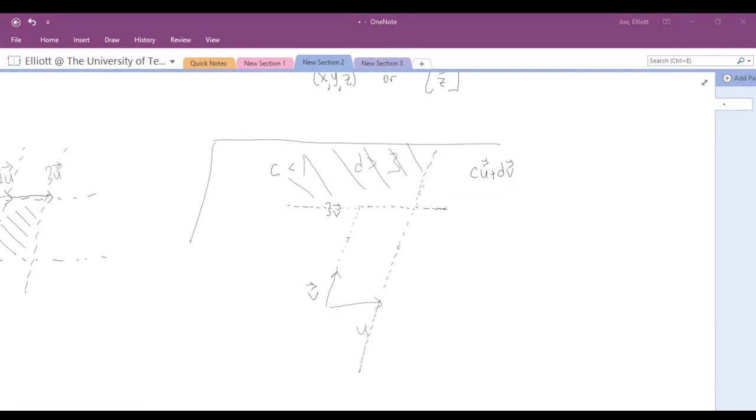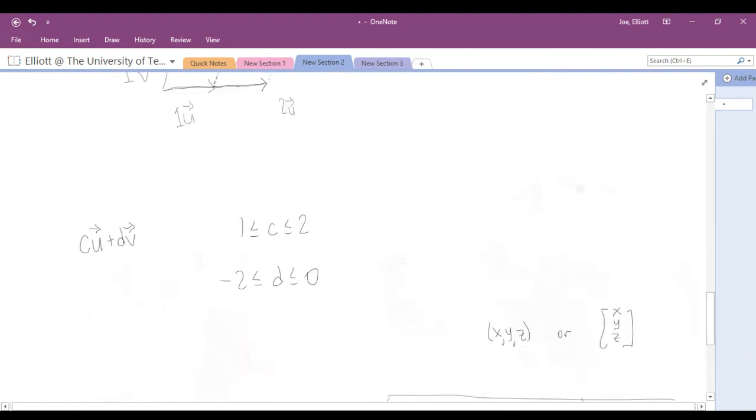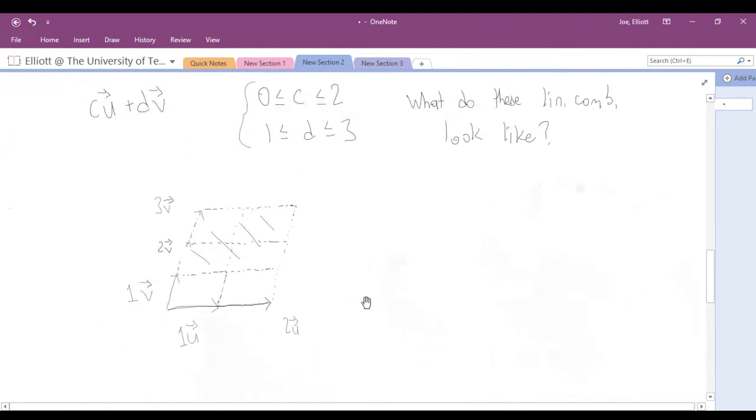If you want to include the edge in the drawing, probably a solid line rather than the dashed lines that I've been doing would be a good way to indicate it. Like for these ones up here, you would want to include the edge since it was less than or equal to everywhere. Okay.